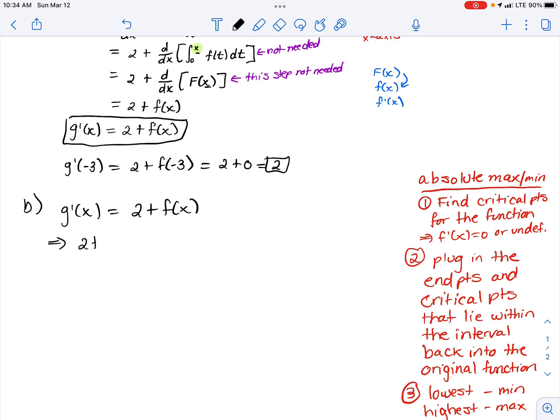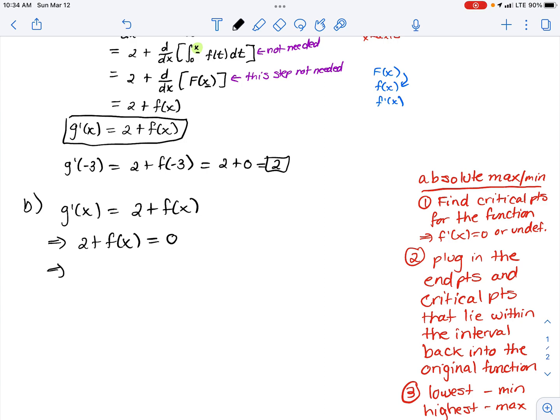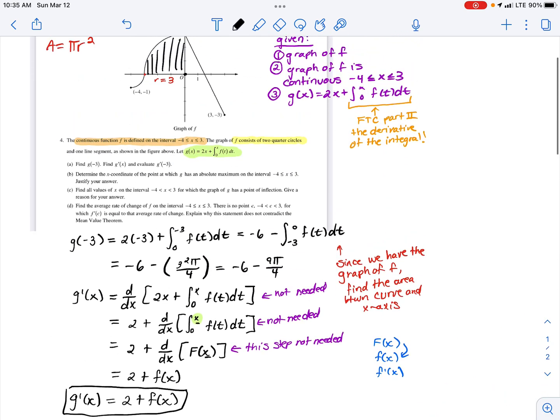So 2 plus f of x is equal to 0 when f of x is equal to -2. So all I did there is set g prime of x equal to 0, and when I got to that point, I thought, this is kind of weird because it's 2 plus f of x. But if I solve for f of x, I can figure out, using the graph of f, when f of x is equal to -2.